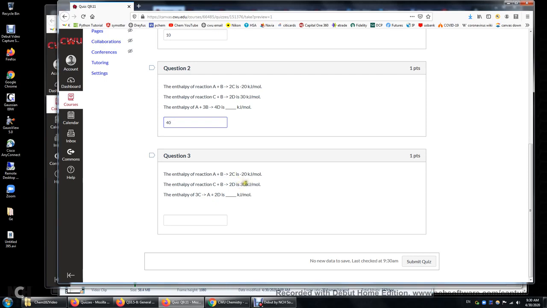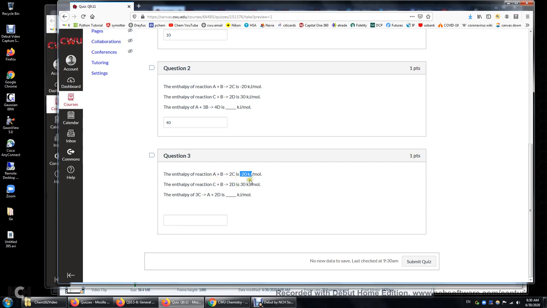Okay, this is also a little bit tricky. We need to reverse the first reaction to put 2C on the left-hand side. So from 2C to A plus B, the enthalpy of reaction is going to be positive 20 kilojoule per mole because we reversed the direction of the reaction. And then we have on the left-hand side 3C plus B together.